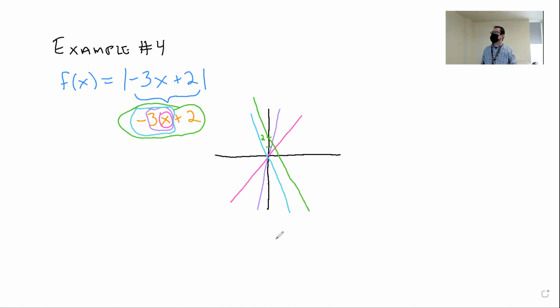Now, can somebody tell me what this value is here, where it crosses the, how could we find the x-intercept? So how do we find the x-intercept? Well, remember that the x-intercept is the value that makes the function 0.